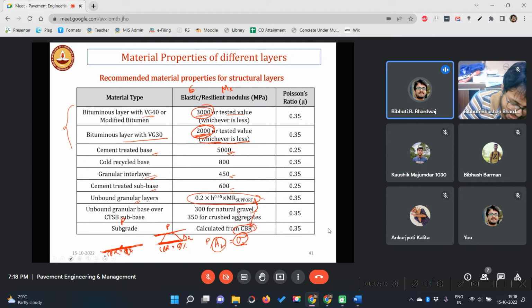So how will you increase the area? Because it will always come like this. So you need to increase the thickness. If you provide like this, then it will be like this only. So this area will be less, and ultimately more stress will be here. So are you able to understand the concept? Yes, sir.